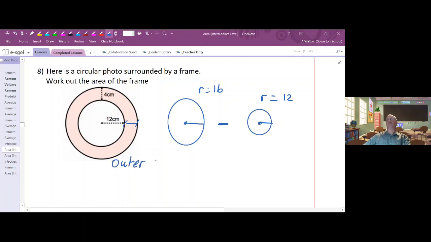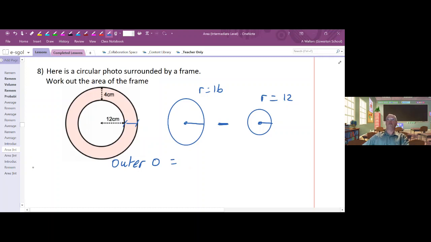Outer circle is, by the way, I'm going to use 3.14. You can use the pi key on the calculator. More often than not, when we round things to one decimal place or whatever the examiner may wish for, the error is taken out. So I'm going to use 3.14 because I'm not sure if you can use the pi key or not, and I don't have time to go through that now.